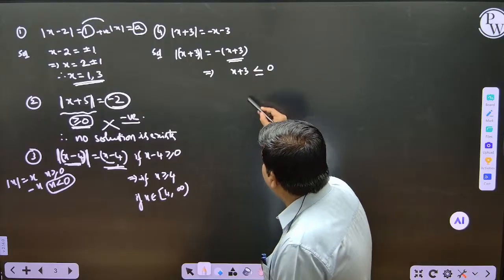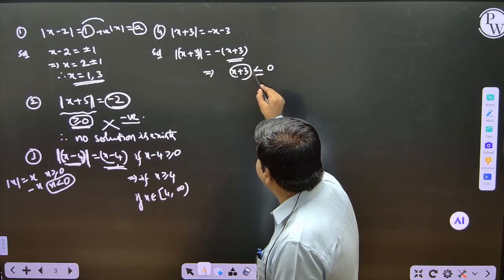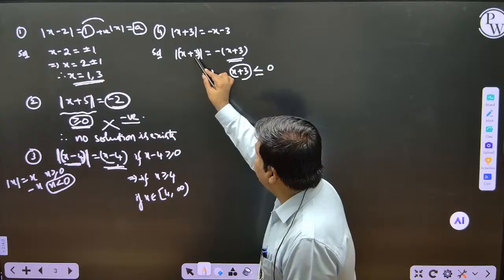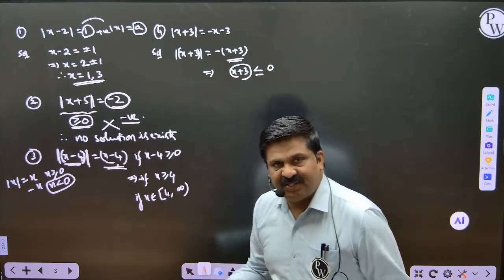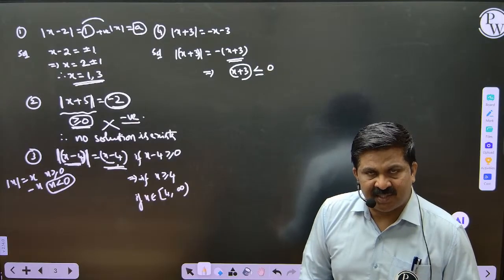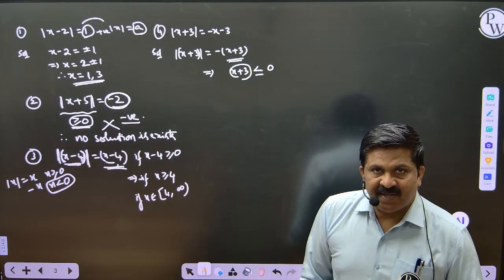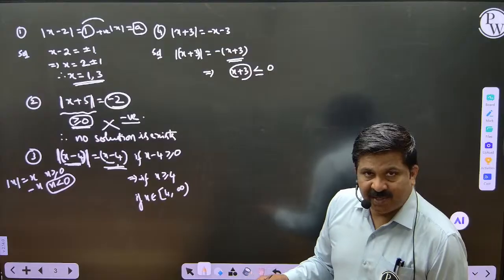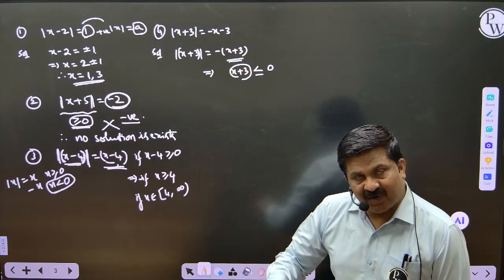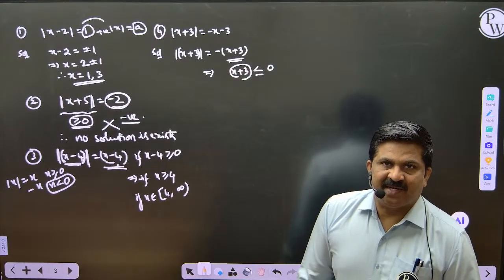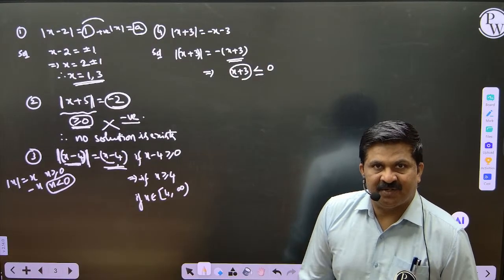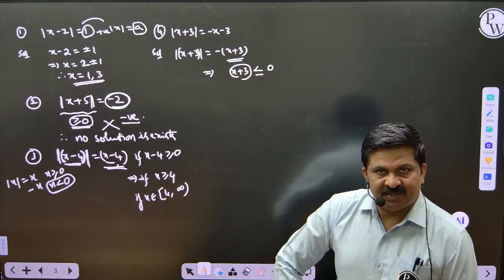Why? If I take x plus 3 as 0, this is 0, and minus 0 is also 0. Minus 0 means 0 only. That's why inside the modulus you can take either negative or equal to 0. Zero and minus 0 both give only 0, so minus 0 has no meaning at all.